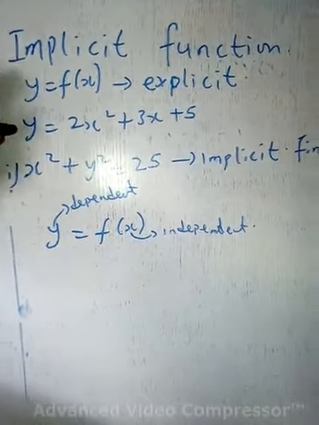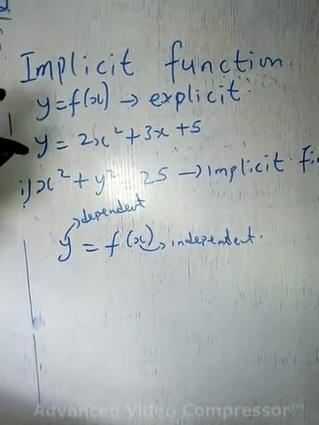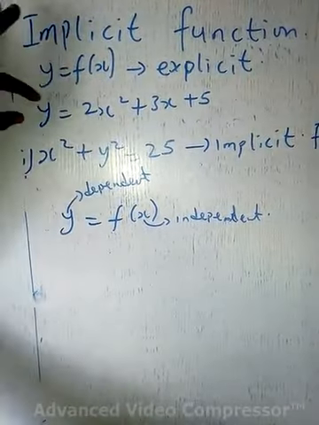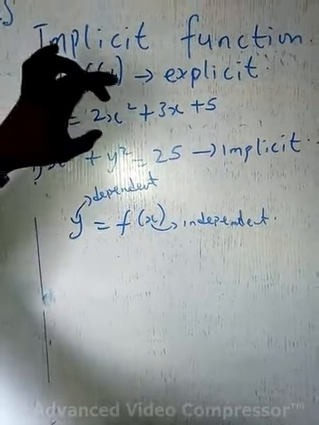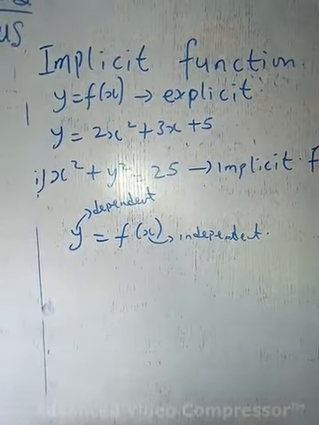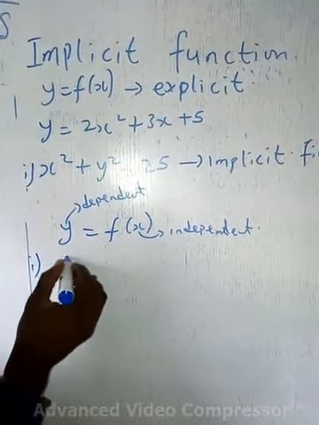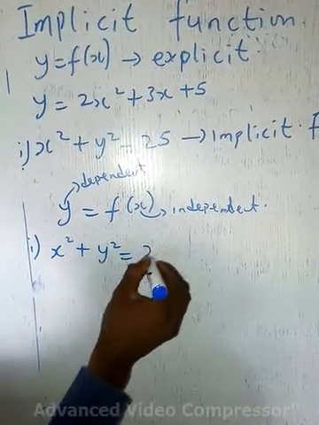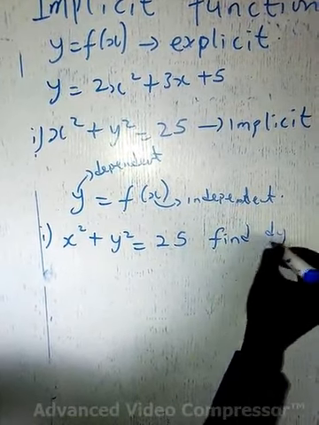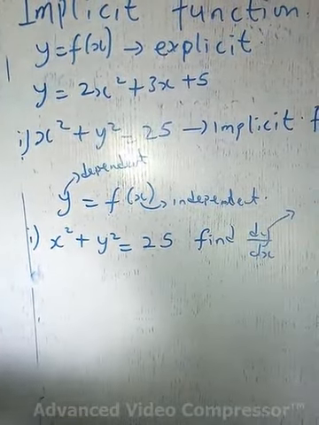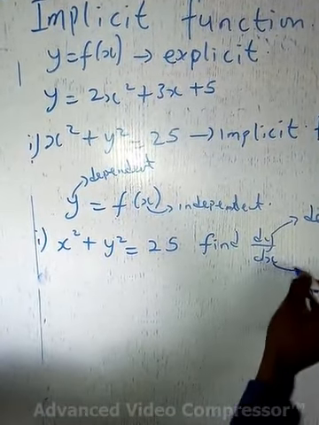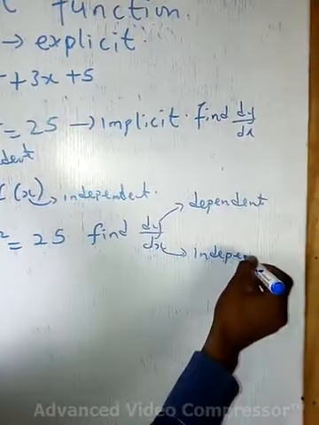This is an example of an explicit function, those we have been dealing with since morning: y equals 2s squared plus 3s plus 5. Y is on the left hand side, and we have the function of x on the right hand side. That's an explicit function. But when we are given something like s squared plus y squared equals 25, the y is supposed to be the dependent variable and the s the independent variable.